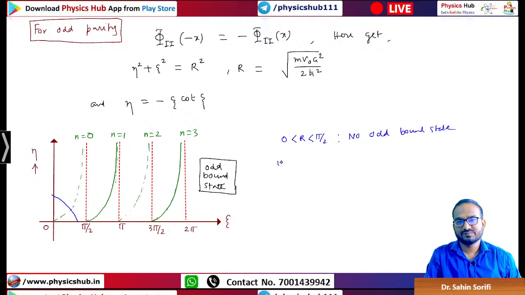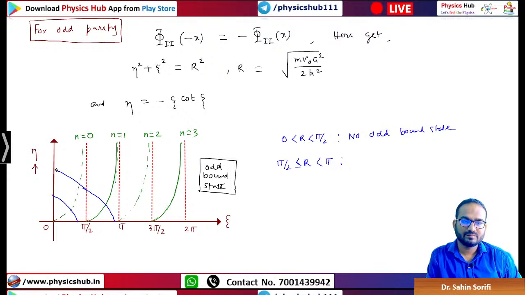When you choose a radius between pi by 2 to pi, what will you get? You can see it is cutting at one point. So one odd bound state, and obviously one even bound state is also included here.